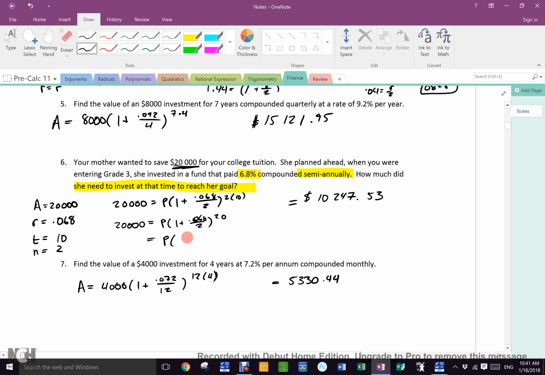It is 1 plus 0.068 divided by 2, y to the x, 20, is 1.95, times P equals 20,000, yeah? Right? How do I get P by itself? Just divide. Just algebra. Everybody cool?